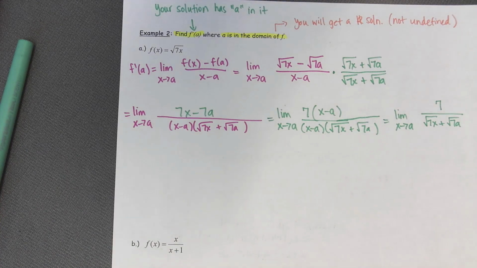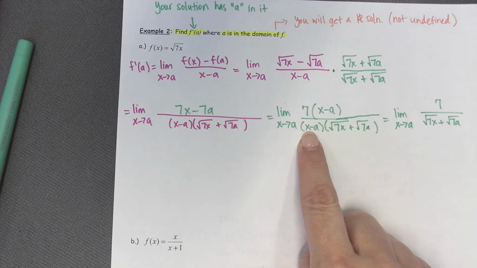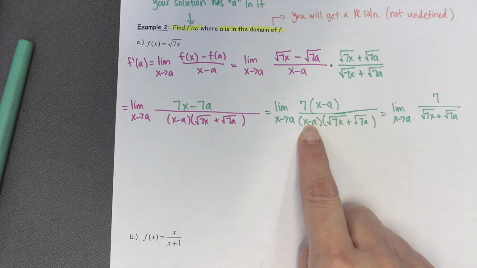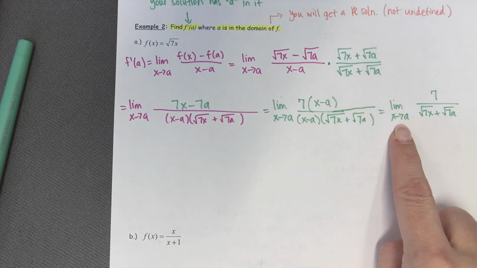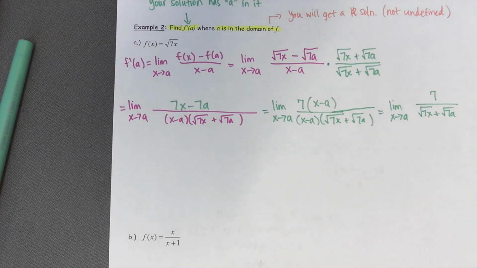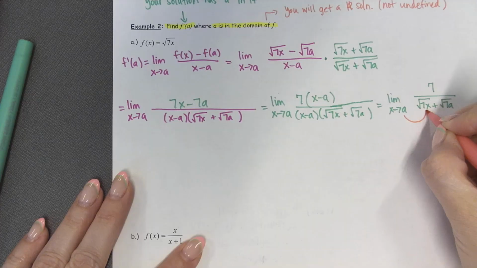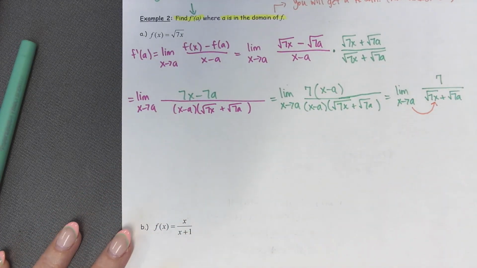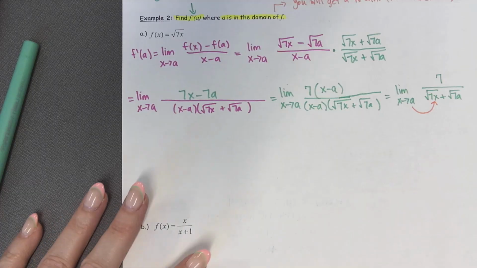All right, and then once you get there, so we couldn't plug in a here. If we were to plug in a in this step, a minus a would be 0, and we'd end up with 0 over 0. But now we can plug in a and we won't get a 0. So just like we were doing before, we're going to be doing that direct substitution. It's just instead of plugging in a number, we are going to plug in a.